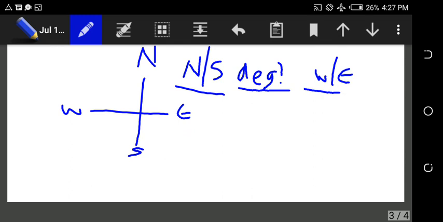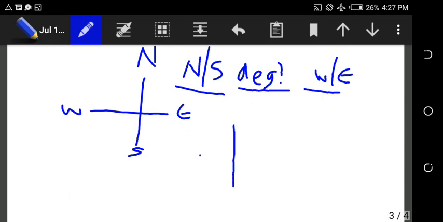So let's say we have this here, and we want to describe this bearing. Note that this is still north, east, west, and south. Let's say that this is 70 degrees.